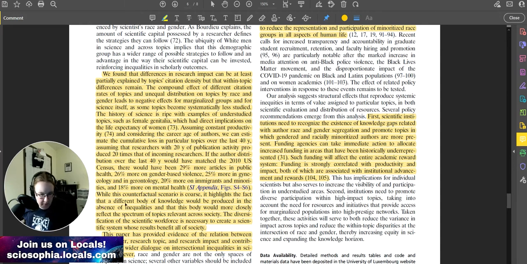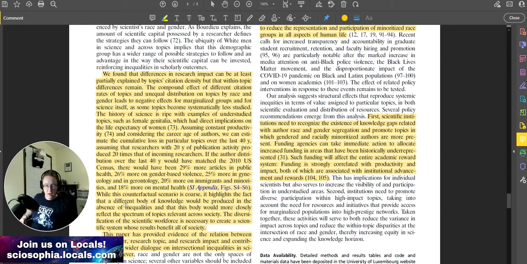While this counterfactual scenario is coarse, it highlights the fact that a different body of knowledge would be produced in the absence of inequalities." And again, I think they're using inequalities and inequities interchangeably here. "And that this body would more closely reflect the spectrum of topics relevant across society. The diversification of the scientific workforce is necessary to create a scientific system whose results benefit all of society."